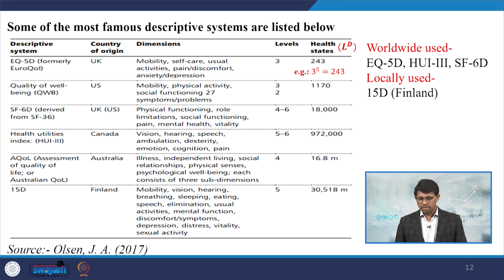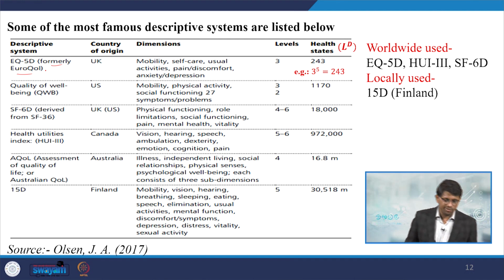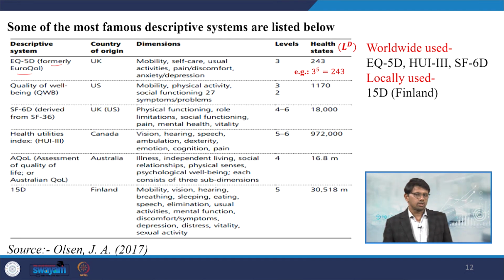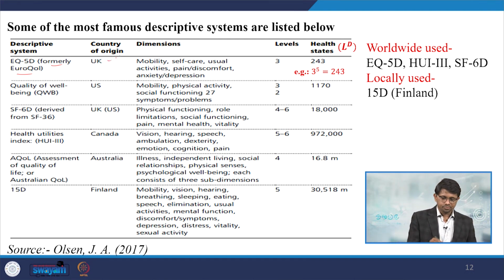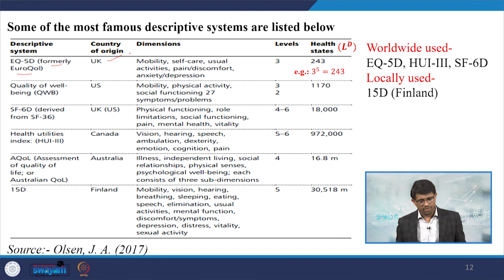Here we have mentioned EQ5D, formerly known as EuroQol, and the country of origin is the UK. There are indeed 5 dimensions: mobility, self care, usual activity, pain or discomfort, anxiety or depression. 1, 2, 3, 4, 5, and each has three levels.